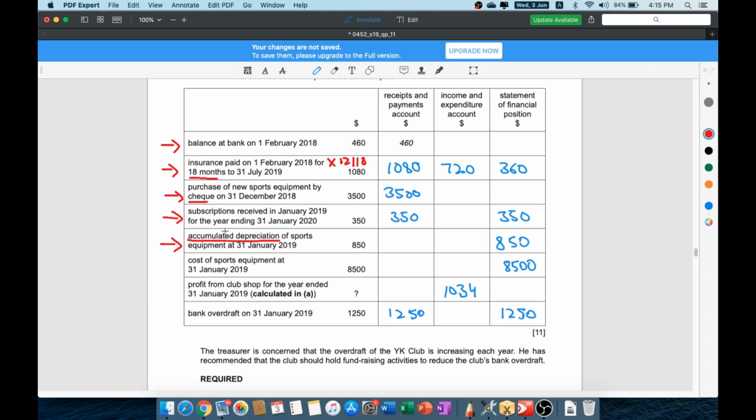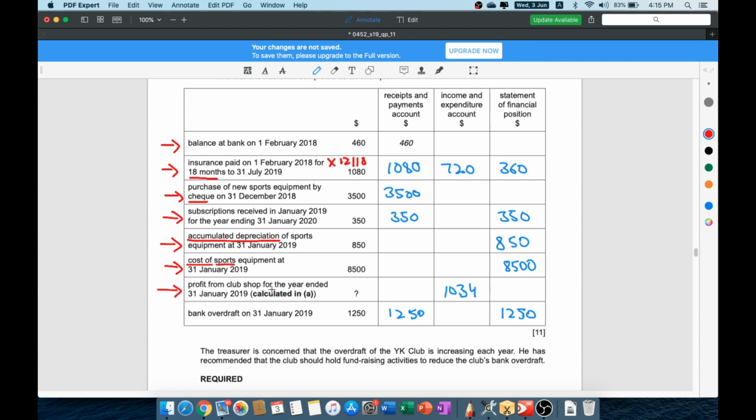If it was depreciation charge for the year of sports equipment, then it would be under the income and expenditure account because that's depreciation charge, and that has to come in the expenses, right? So cost of sports equipment at 31st January 2019, that is an asset. So that comes in the balance sheet under the non-current assets, all right?